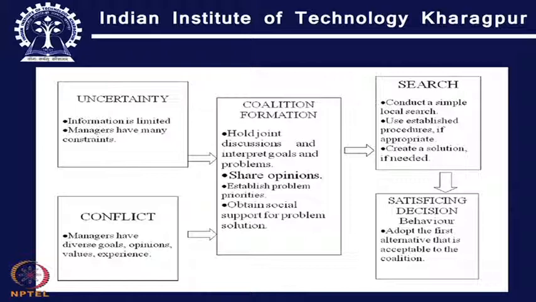These come together in coalition formation: they hold joint discussions, interpret goals and problems, share opinions and obtain social support for the problem solution, leading to a search for established procedures and, if needed, creating a solution, and satisficing decision, in the sense that you choose the first alternative that arrives and move forward. Which type of decision process to use is very important from the organization's perspective.